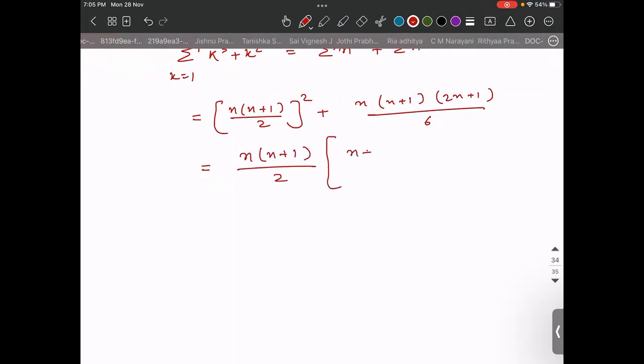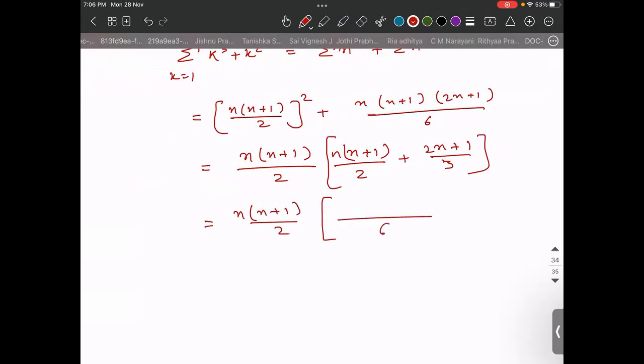What you will have is n plus n into n plus 1 by 2 plus 2n plus 1 upon 6, sorry, 3, right? So n into n plus 1 by 2. Now here, let's take 6 as LCM. What you'll get, write down.